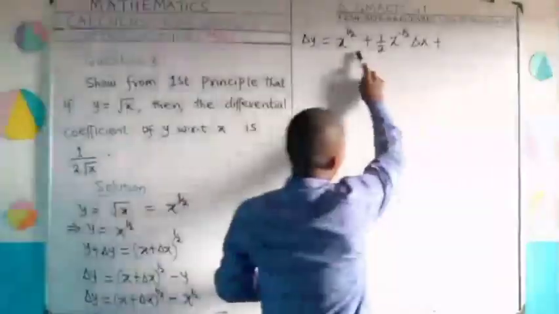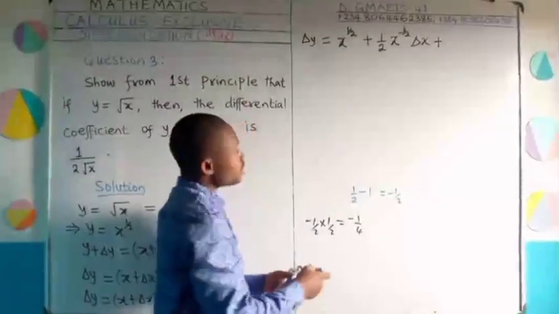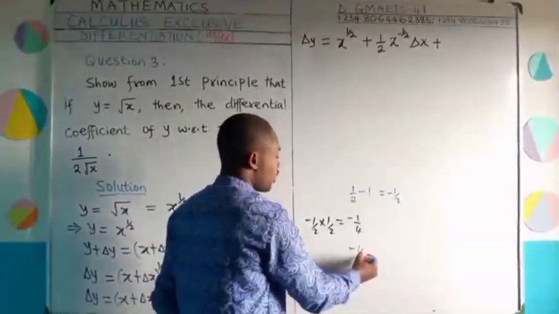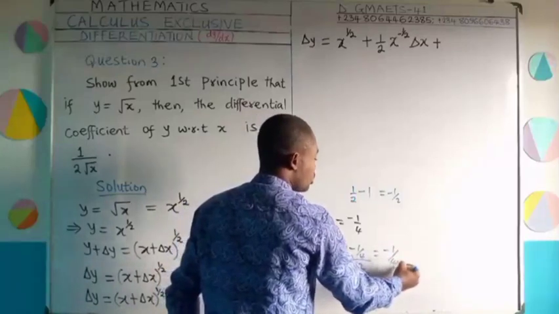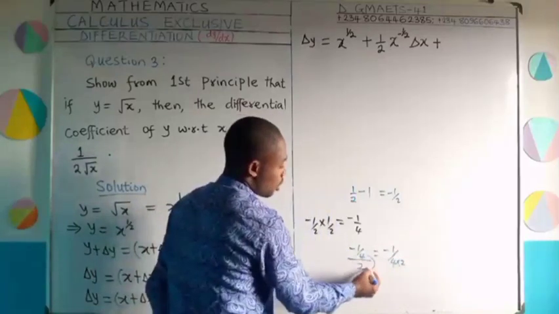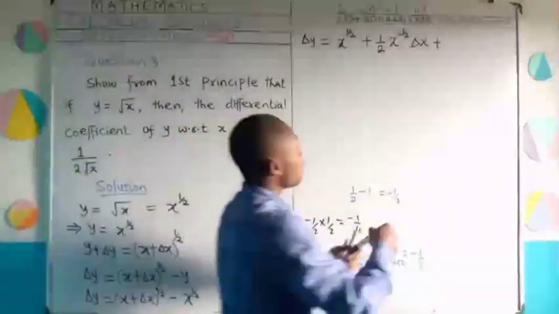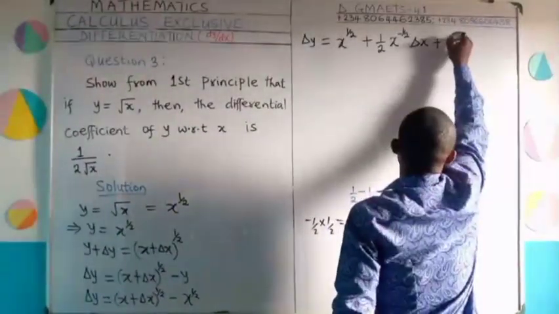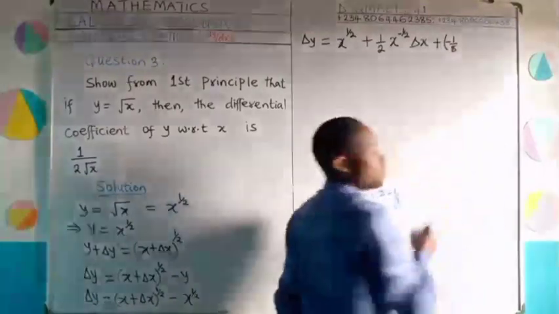Now you're going to divide that minus 1 over 4 by the number of terms you have obtained so far. And how many terms have we gotten? 2 terms. Minus 1 over 4 divided by 2 is the same as minus 1 over 4 times 2. This 4 will come down to multiply this 2. So this is actually minus 1 over 8. So minus 1 over 8 is the next term's coefficient.